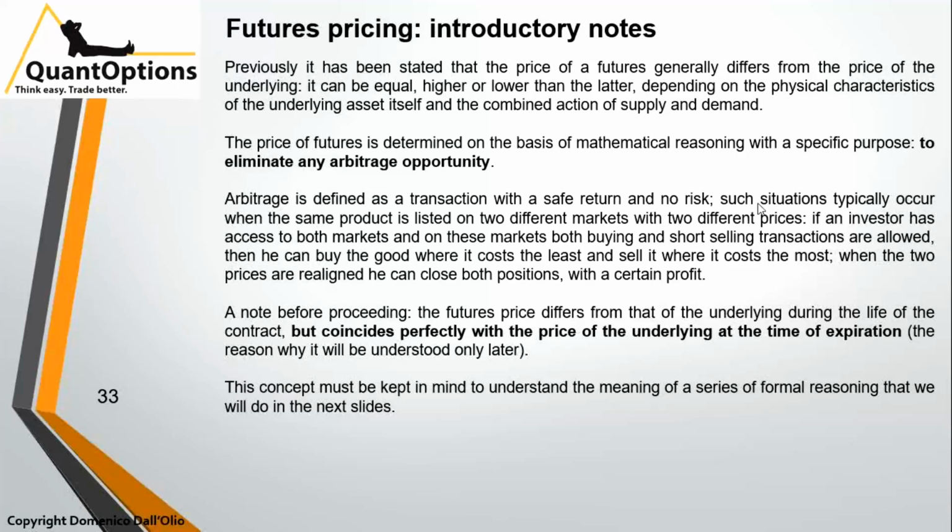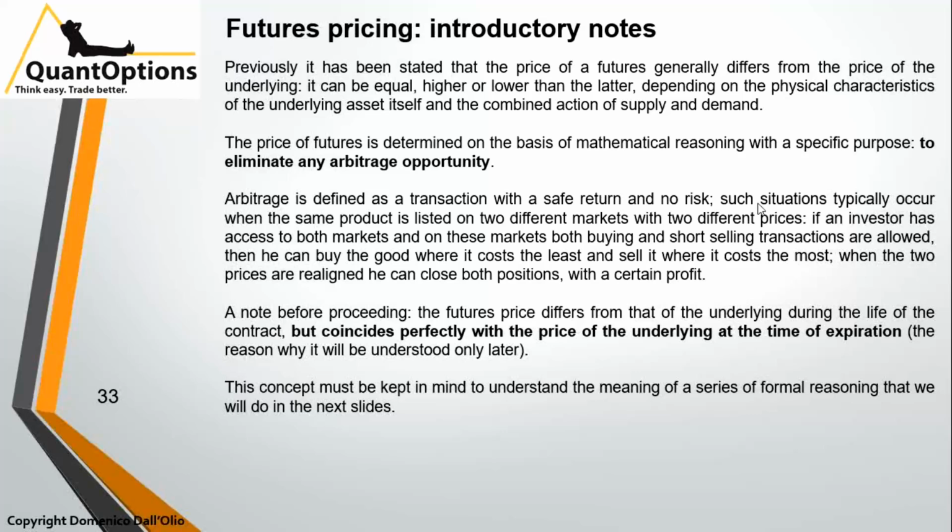Let's assume that the exchange rate between euros and dollars is 1 to 1. And the price on the New York Stock Exchange is $15 per share. On the Italian Stock Exchange it is $20 per share. What you can do is purchase it on the New York Stock Exchange and short sell it on the Italian Stock Exchange.